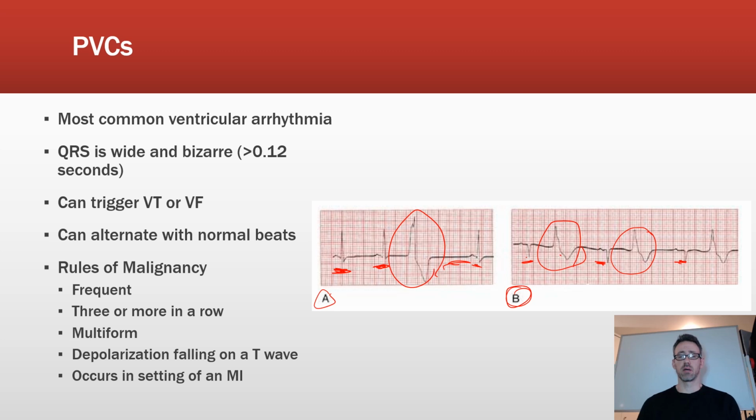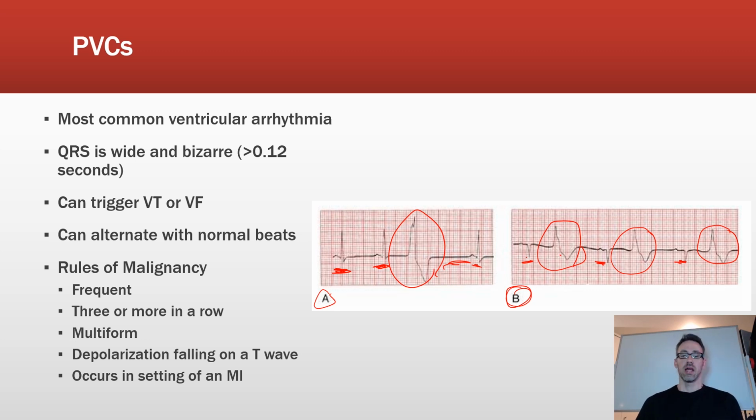Now, multiform just means comparing the shapes, the morphology of them, from one PVC to another. So let's take B for example. If you look at all 3 of those PVCs that you can see, they all look the same, so it has the same morphology. That actually suggests a more positive prognosis.